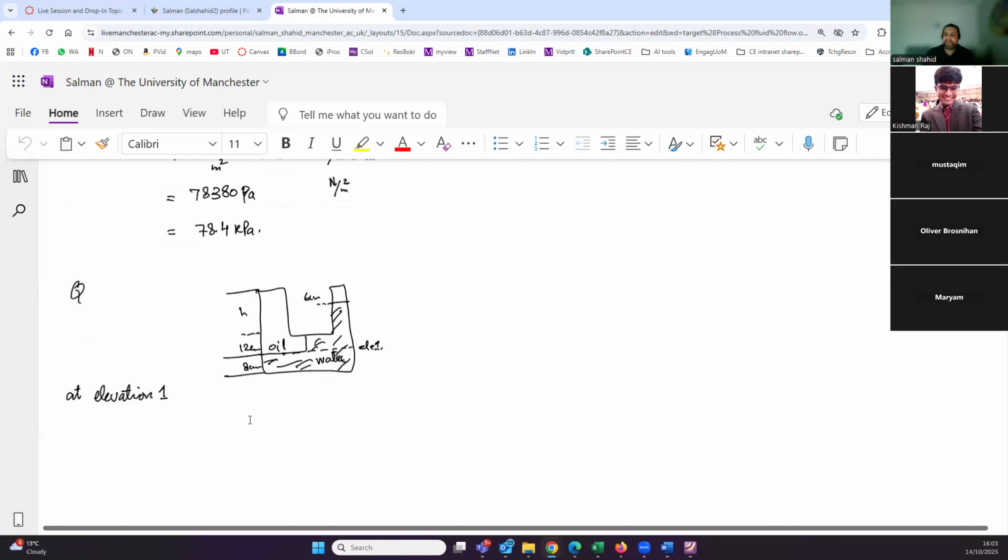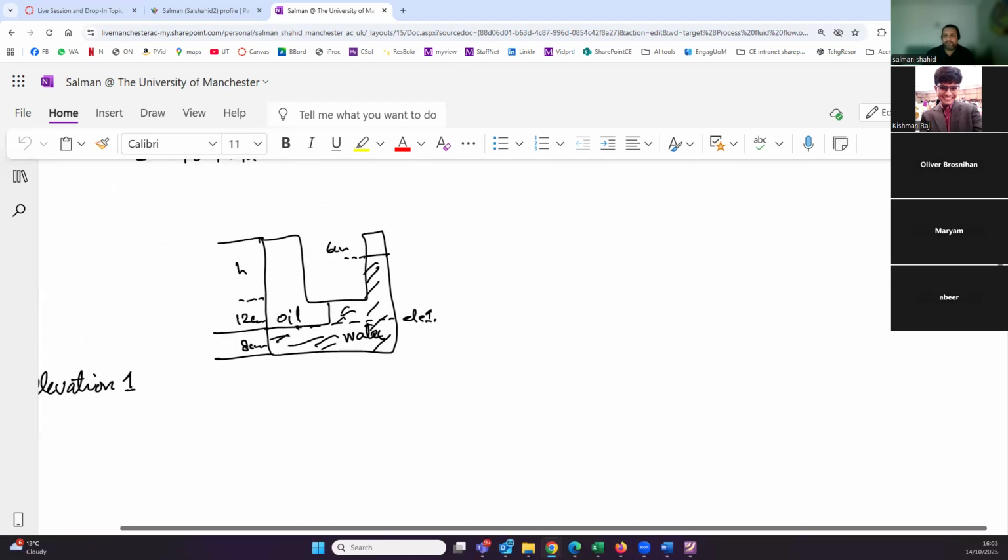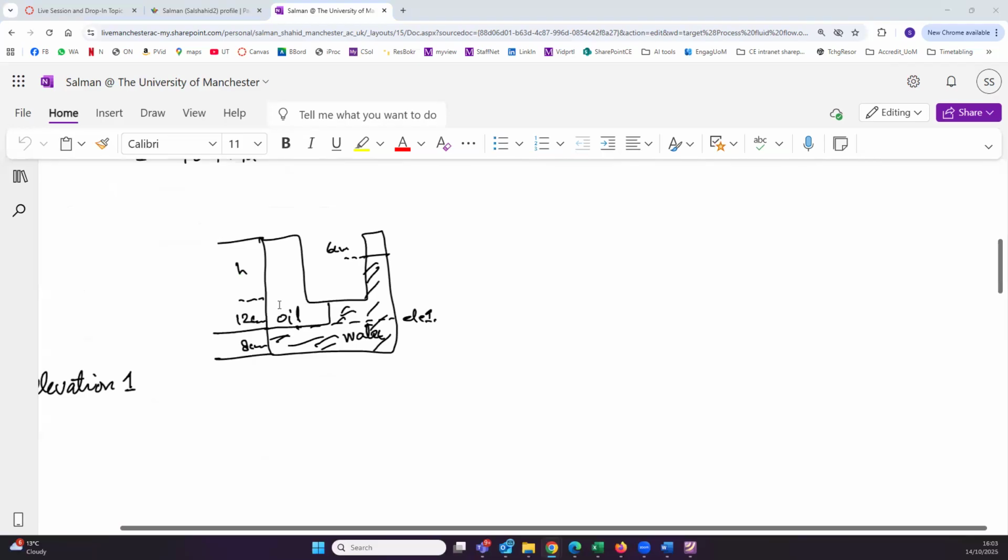If you now try to create the point where you can actually compare the data, you can see that this is the point where oil and water are in contact, and you can create this as elevation 1. Why? Because we know the height from here to here.